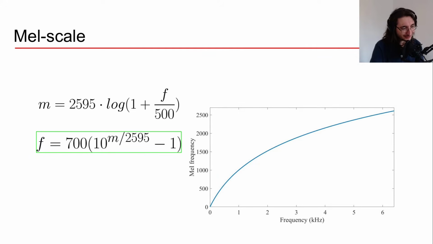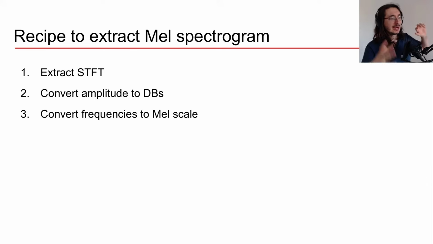Okay, but how does this relate to Mel spectrograms? Here I'll give you a kind of recipe for extracting Mel spectrograms. And this recipe has 3 steps. The first thing that we do is we extract the short time Fourier transform. The second thing is to convert the amplitude to decibels. In other words, we take some kind of logarithmic representation of amplitude.